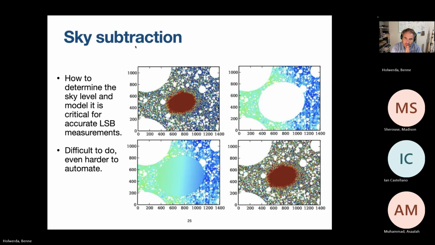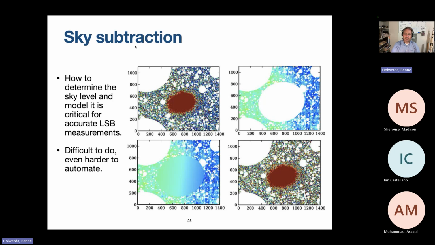This is really hard to do because you need to subtract the sky first in order to see what's underneath it. So basically, if you have a count rate of the background, the sky, of 100, you're trying to see a little feature that's 10. So how do I subtract 100 off the image correctly?